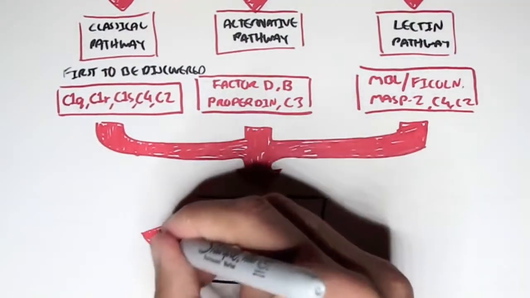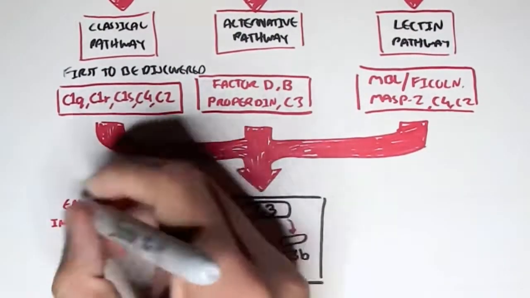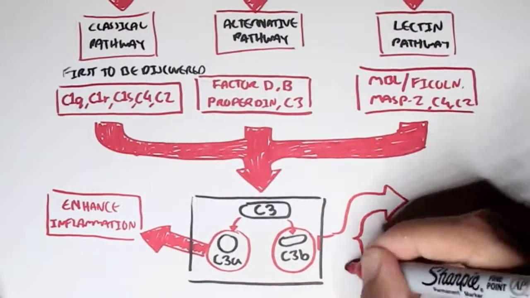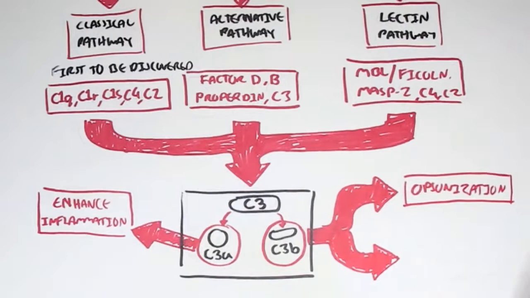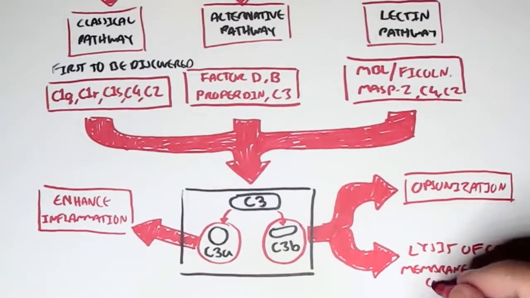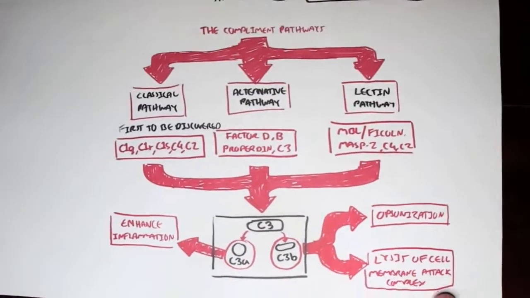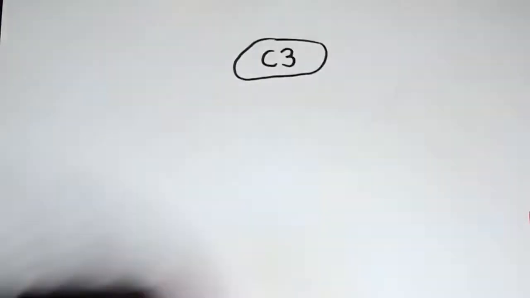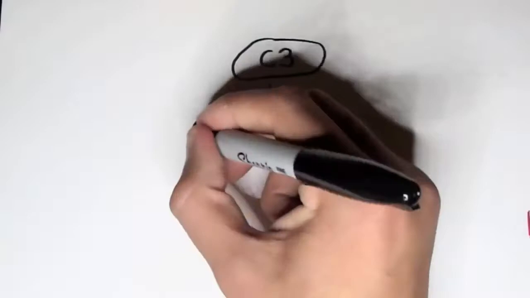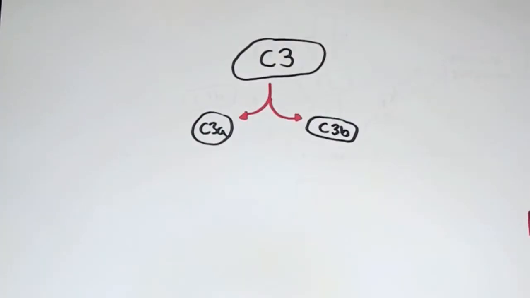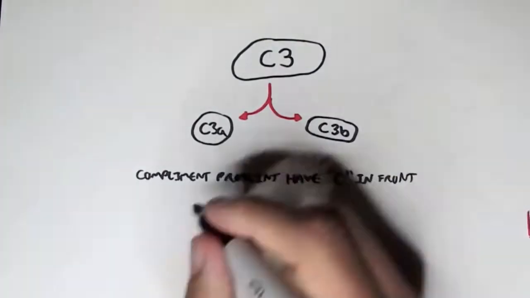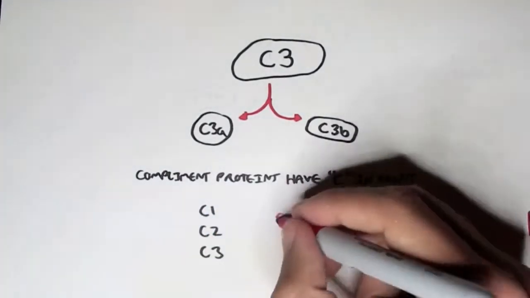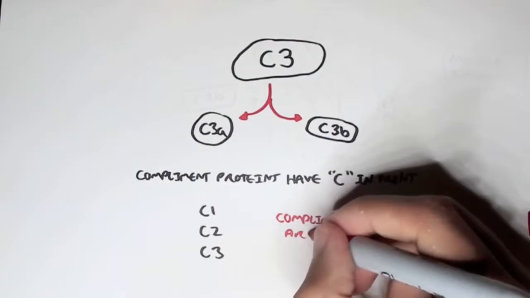And it is C3a which enhances inflammation together with other complement proteins, and C3b which initiates opsonization as well as lysis of the cell to create a membrane attack complex. So C3 is an important protein to remember, and C3 gets activated into complement 3a and complement 3b. Now, complement proteins typically have a C in front of them. So for example, we have C1, C2, and C3 here.